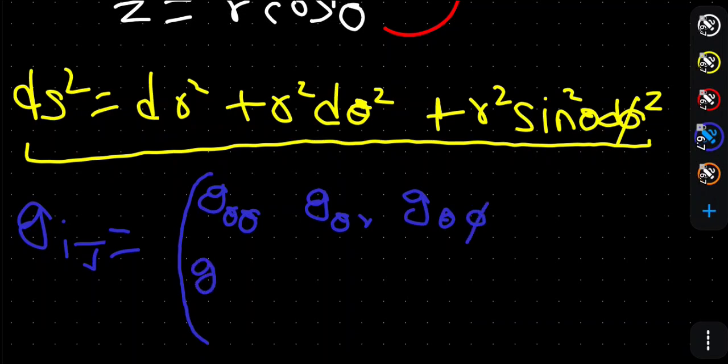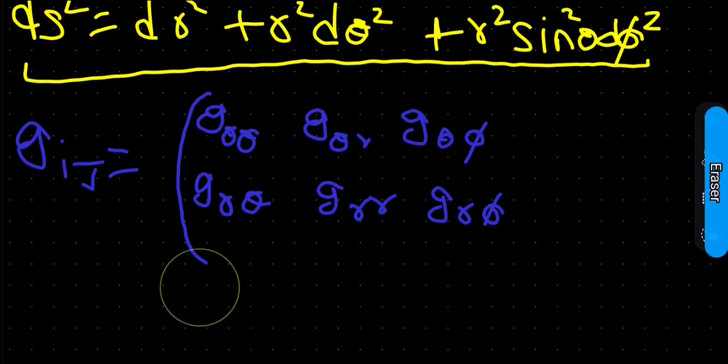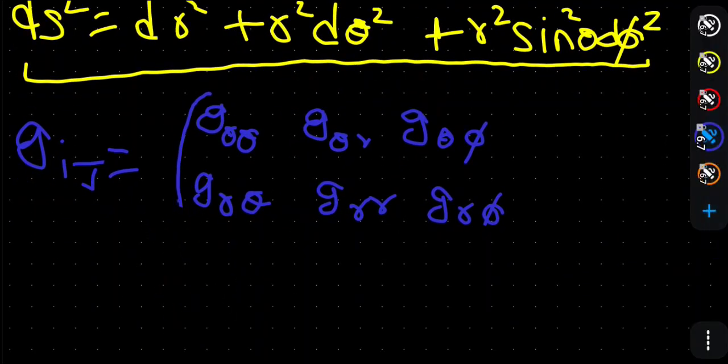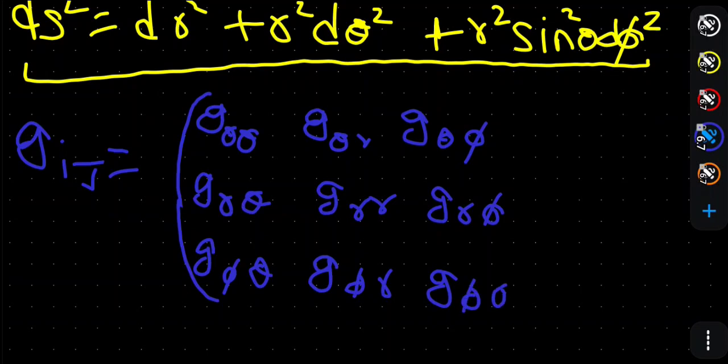Second row: g r theta, g rr, g r phi. Third row: g phi theta, g phi r, g phi phi.